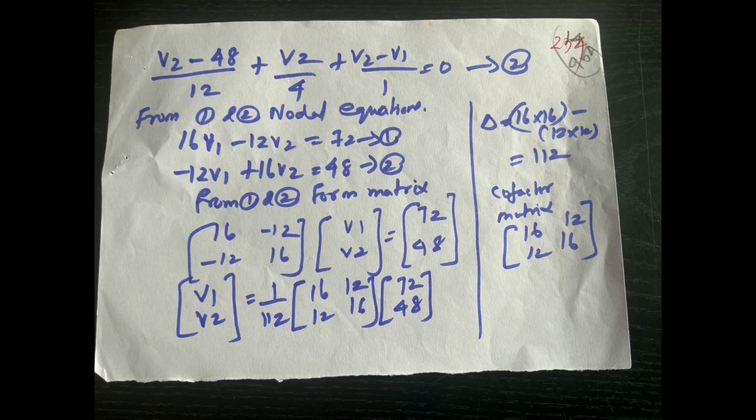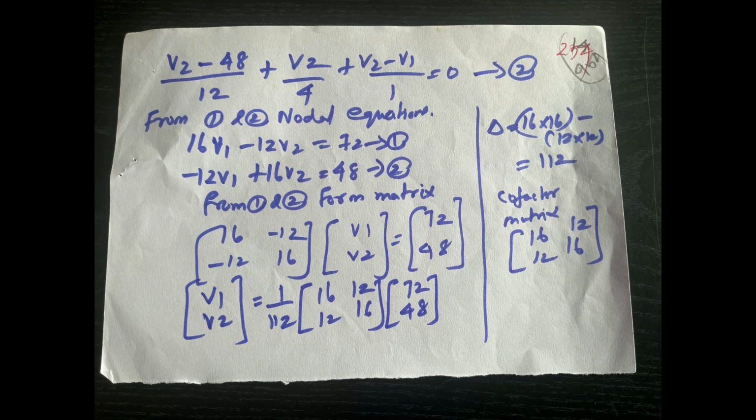That is the second equation. The first equation: V1 and 24 volt are in opposite directions, so (V1 minus 24) divided by 4, plus V1 divided by 12, plus (V1 minus V2) divided by 1, since V1 and V2 are opposite, equal to 0. That gives equations 1 and 2.